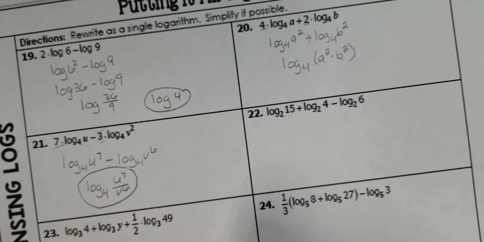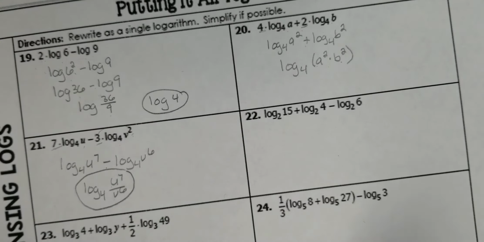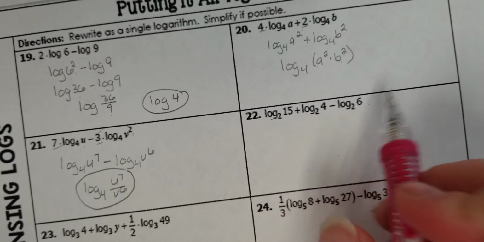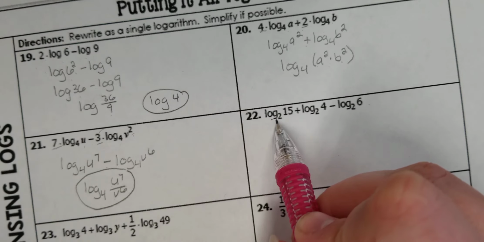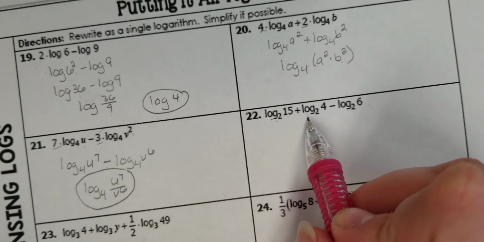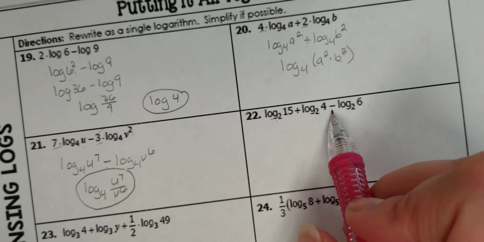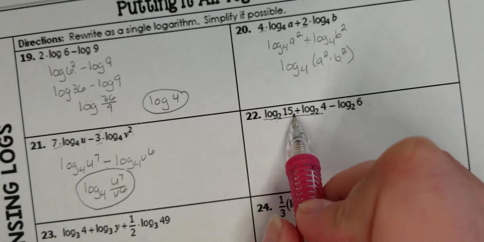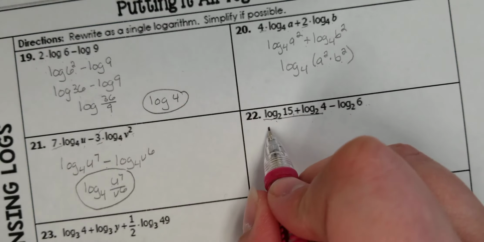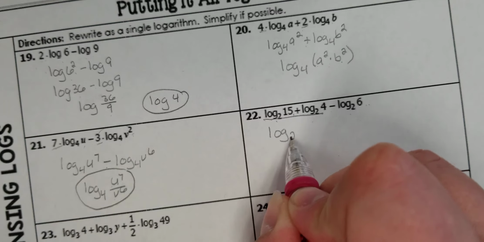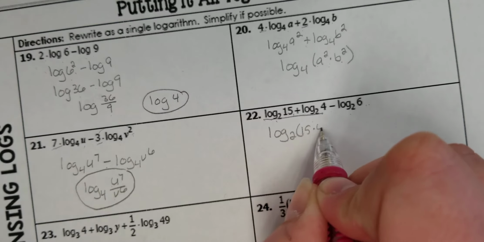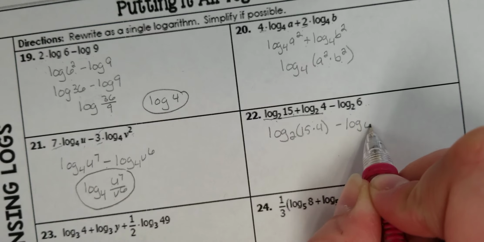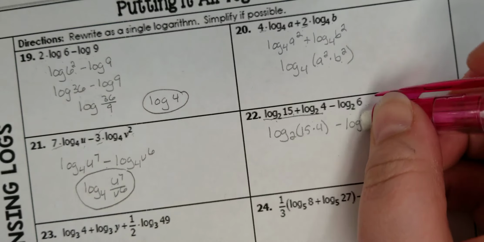All right, so for our next one, we have multiple logarithms, and you just go left to right. So we have log base 2 of 15 plus log base 2 of 4 minus log base 2 of 6. So start with these two. And since it's addition, it's the product rule. So we have log base 2 of 15 times 4 minus log base 2 of 6.